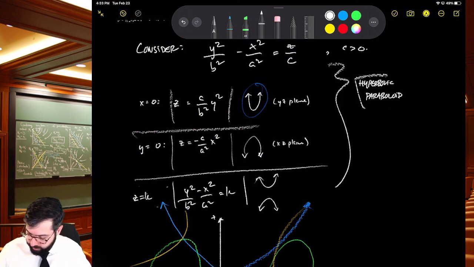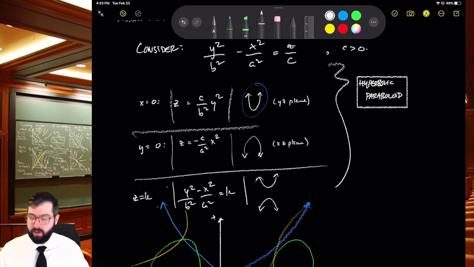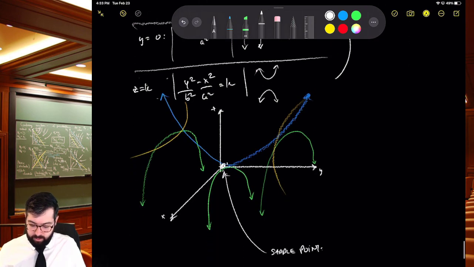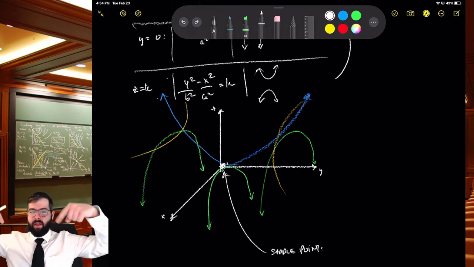Again, we don't try to name things super creatively in math. We call them what they are. Hyperbolic paraboloid, because it has traces that are hyperbolas and parabolas. They're upward facing in this direction, right? They're downward facing in the other, and then we have hyperbolas along the side.